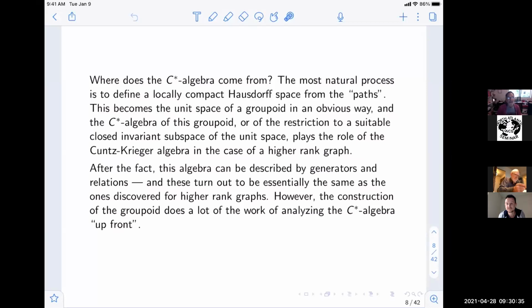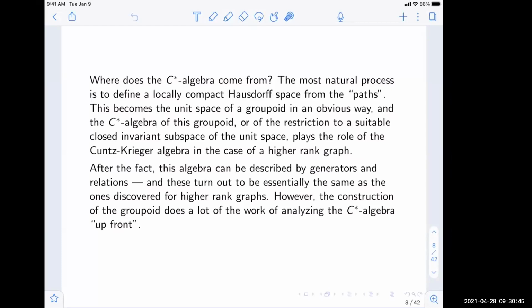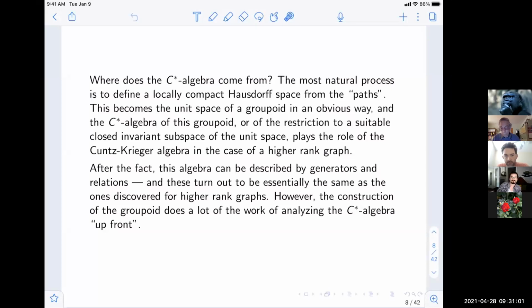So it's not clear what generators and relations you ought to use from this small category. Though of course you could just write down what look like reasonable generators and relations and see if they work. But the process of building a groupoid somehow comes intrinsically from the small category. And after the fact, it's possible to give a description by generators and relations.